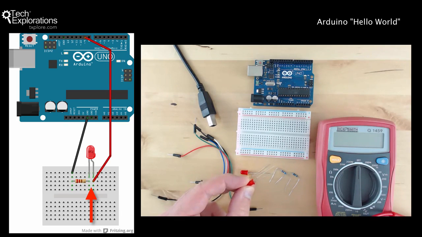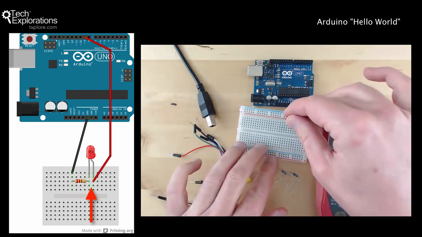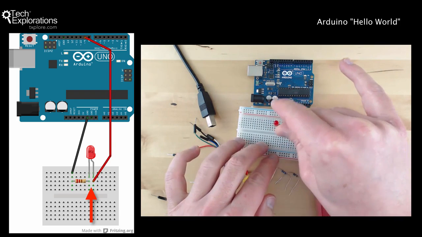The way that I remember how to plug that into the breadboard is that the long goes for the positive voltage, the short goes for the negative voltage. So a longer pin goes for a higher voltage than the shorter pin. Just an easy mnemonic way to remember that. So I'm going to start by plugging the LED right here.